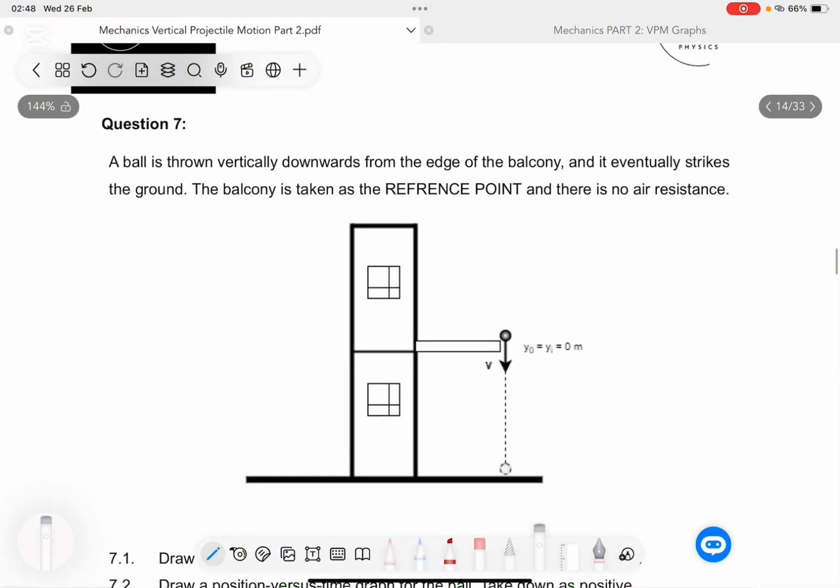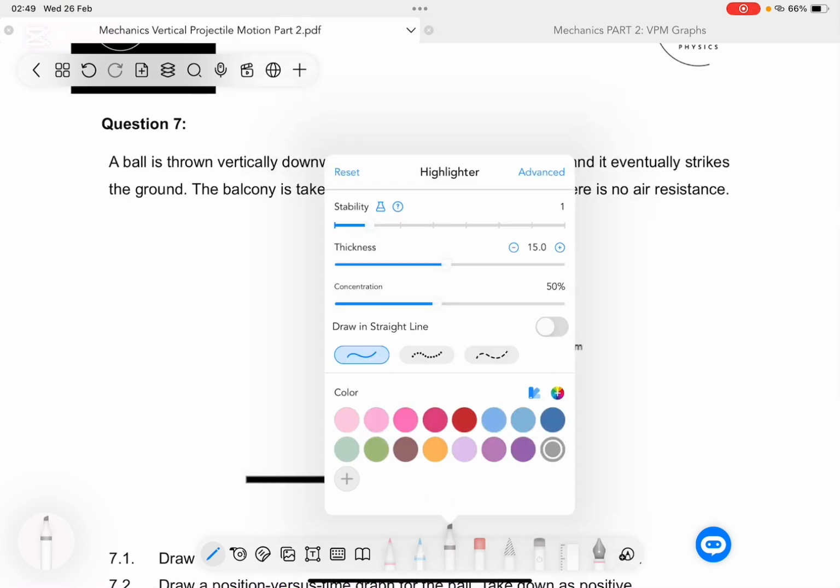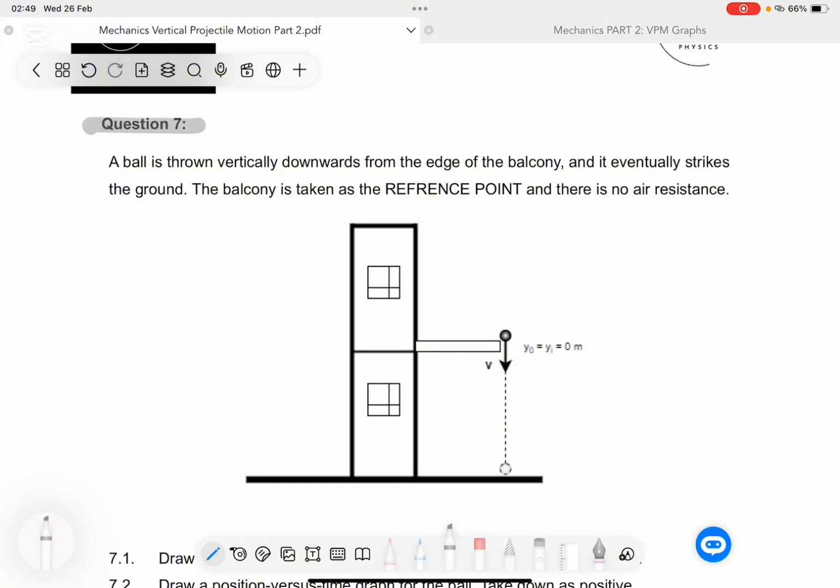I think what I wanted to do to close this section is question 7. I think this one is important for me to explain because it's a bit different compared to what we've been doing. Now here they say a ball is thrown vertically downwards from the edge of the balcony and it eventually strikes the ground. The balcony is the reference point, right? Here is the reference point, where we measure our 0. Our y0, the reference point, is equal to 0.